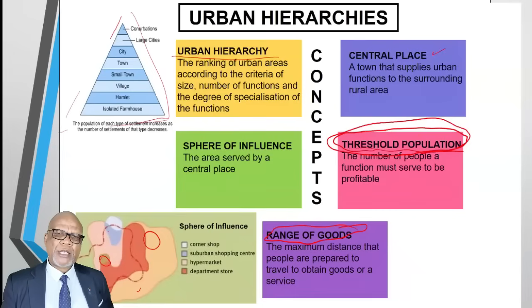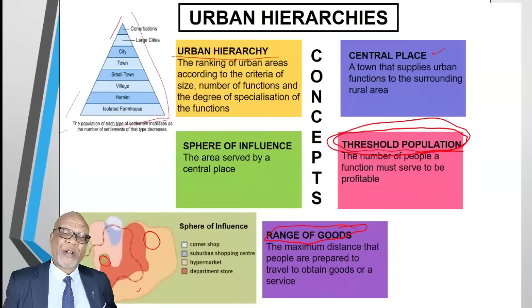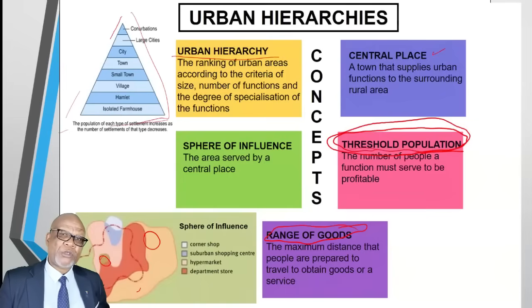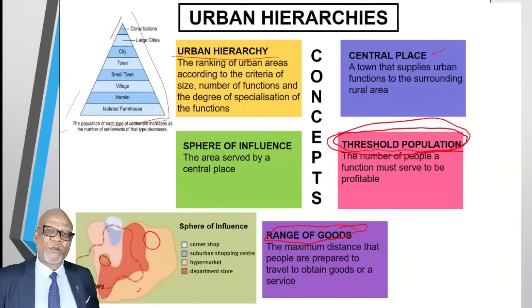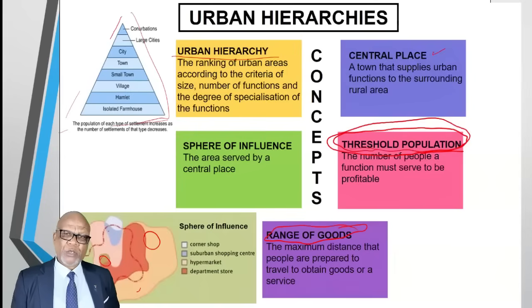What are high order goods? Those are specialized goods. So if I want to buy a car, I can travel a longer distance if a car is cheaper at that particular place. But if I want to buy bread, it's going to be expensive for me to buy bread from a far distance, because I am also going to travel that distance again the following day, since it's a product that is bought frequently.